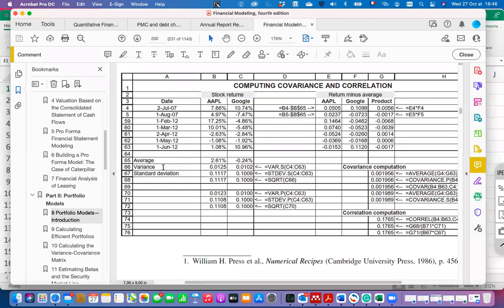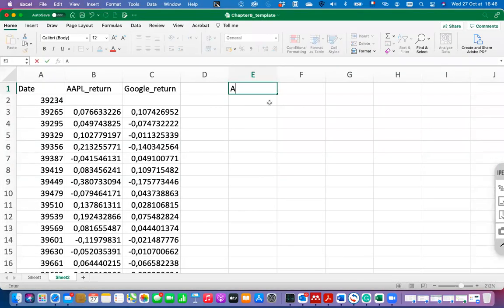So I have to compute the average, the variance, the standard deviation, and the covariance. Put here Apple, here Google. Start with the average, then the variance, the standard deviation.